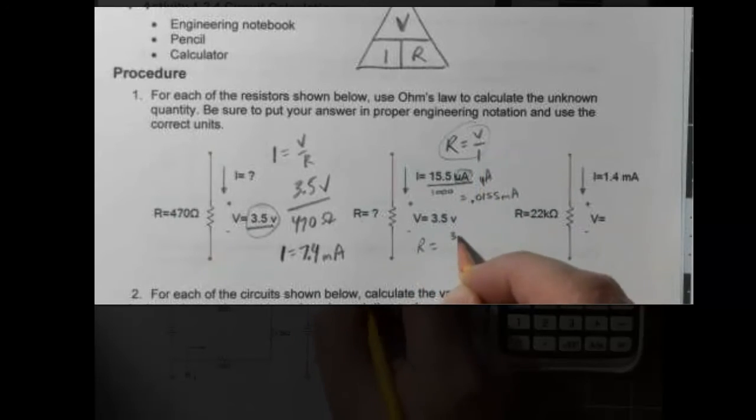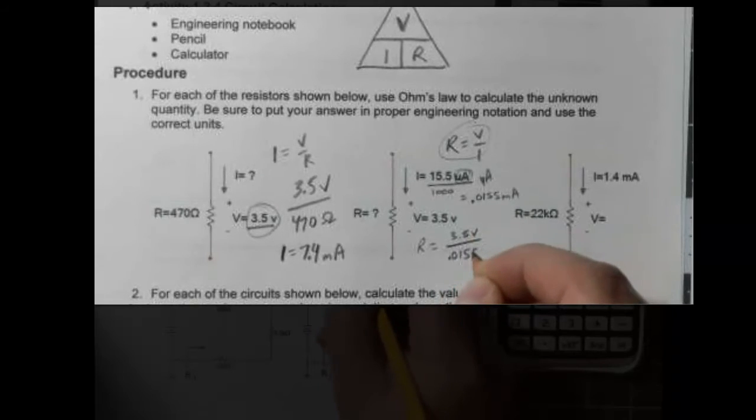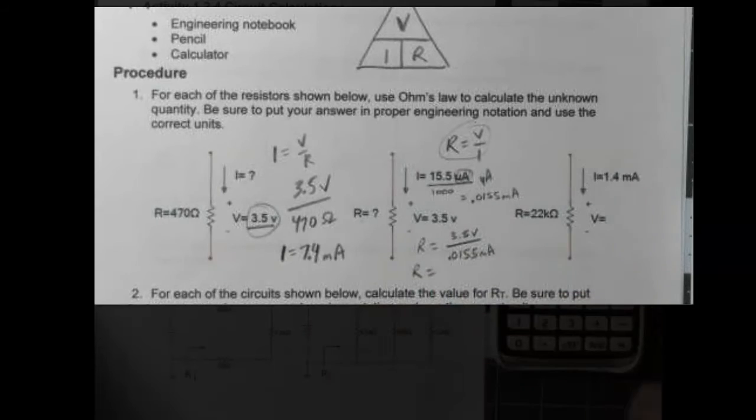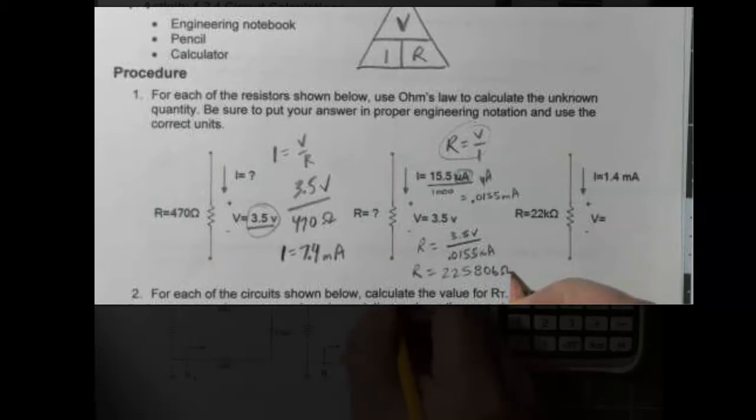Now we can do this formula here. R equals 3.5 volts divided by 0.0155 milliamps, and that's going to equal 3.5 divided by 0.0155, which equals 225,806 ohms.